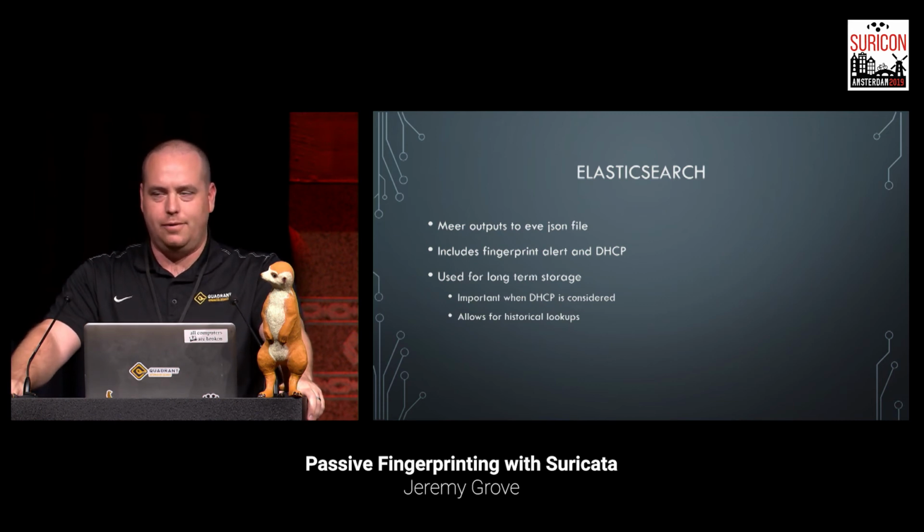For the example of DHCP again, where the IP that belonged to a device may no longer belong to that device, you're able to do a historical search through Elasticsearch and find out, in the time frame that you're worried about, what device had that IP.